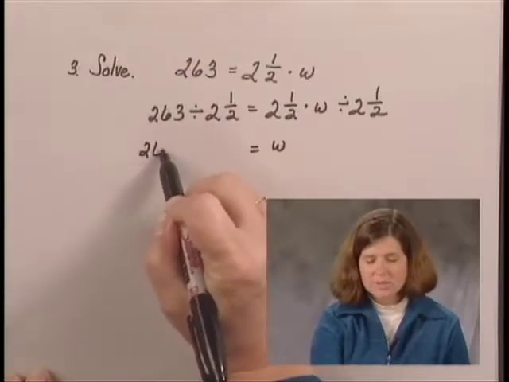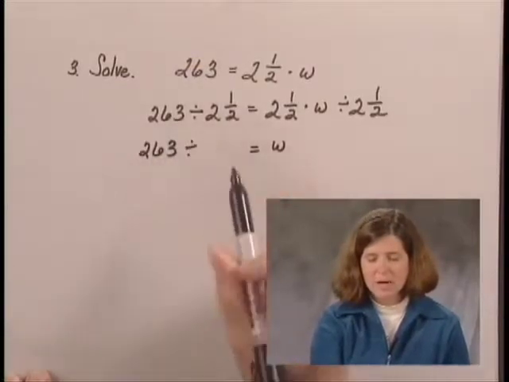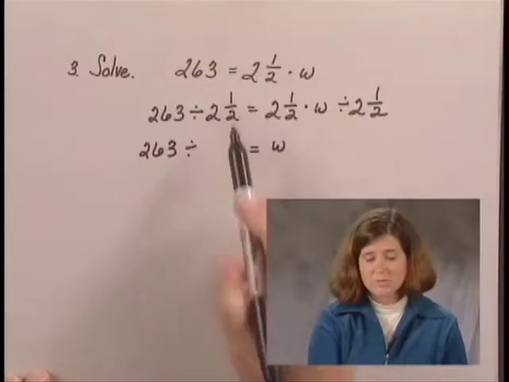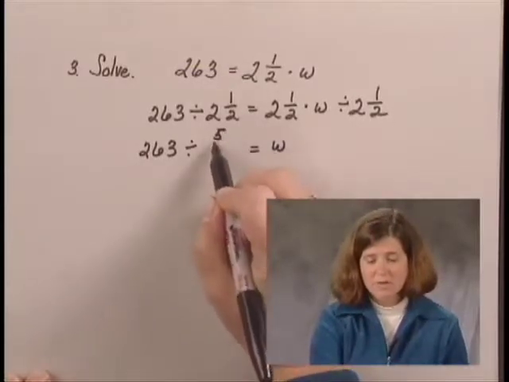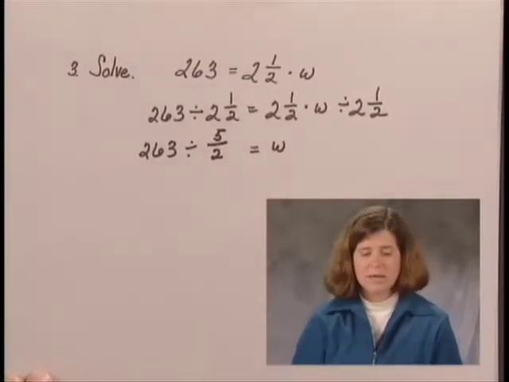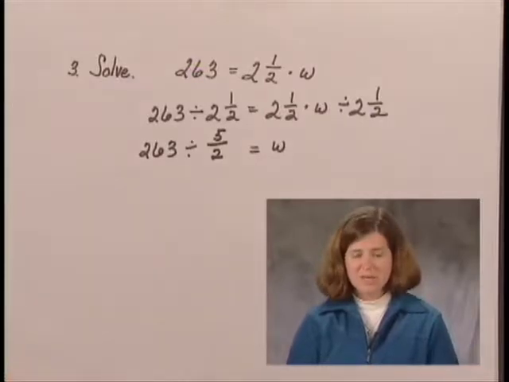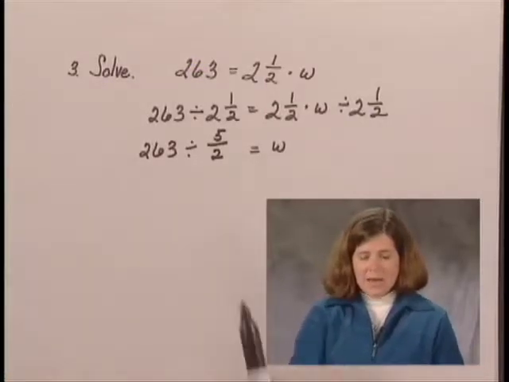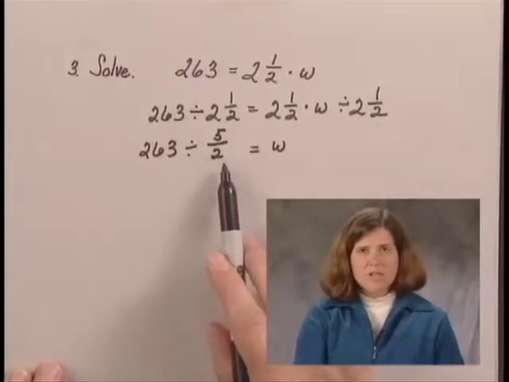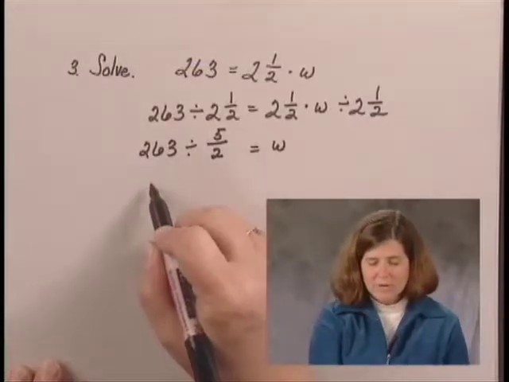So I have 263 divided by 2 times 2 is 4 plus 1 is 5. So 5 over 2 is 2.5 in fraction notation. Now, in order to divide by a fraction, I multiply by the reciprocal of that fraction.